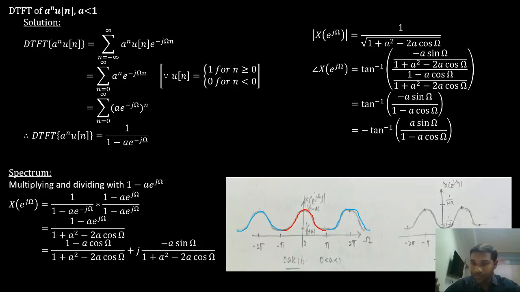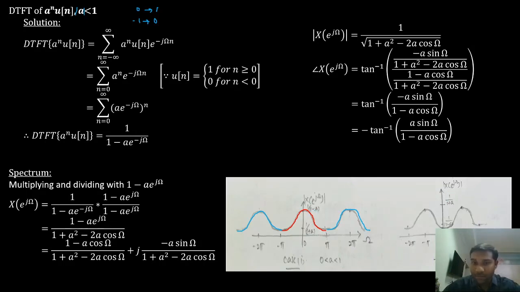This is for mod a less than 1, right? So a can assume values from 0 to 1, or from minus 1 to 0. If a is a positive value, this is how my spectrum looks. Same thing, I'm making a negative value.